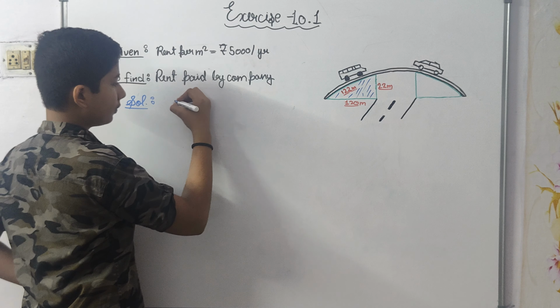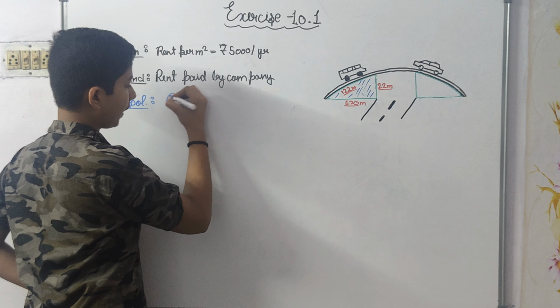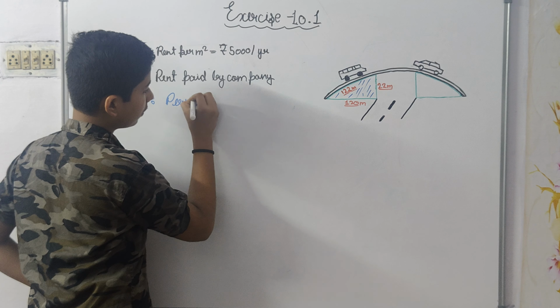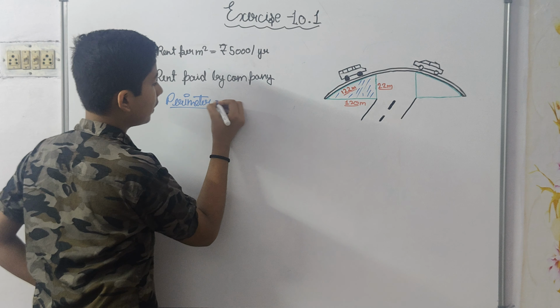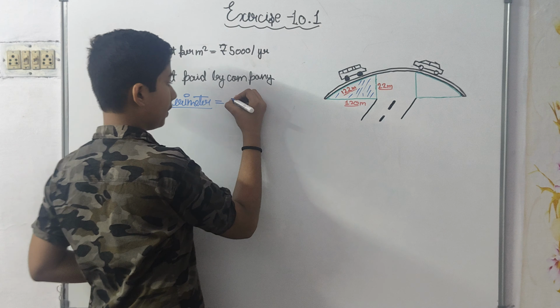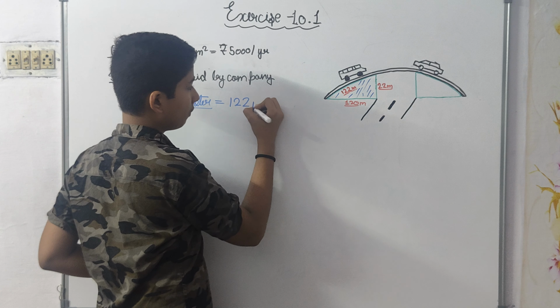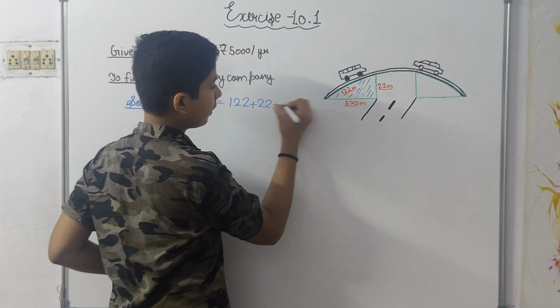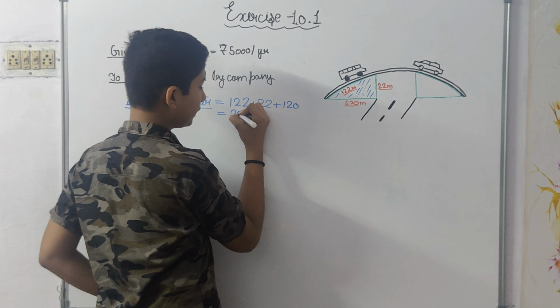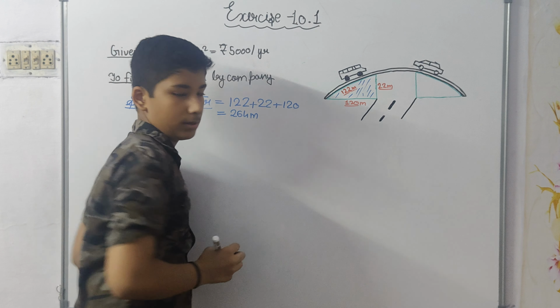First of all we write perimeter. Perimeter is equal to the sum of all the sides, means 122 plus 22 plus 120, which will be 264 meters.